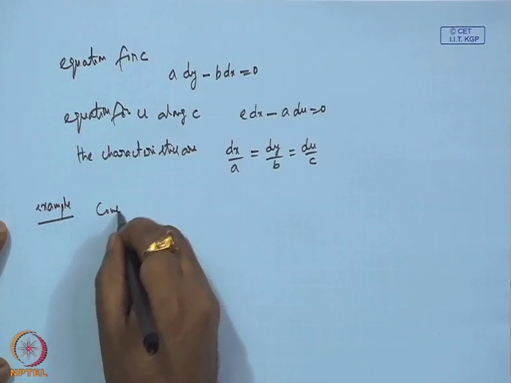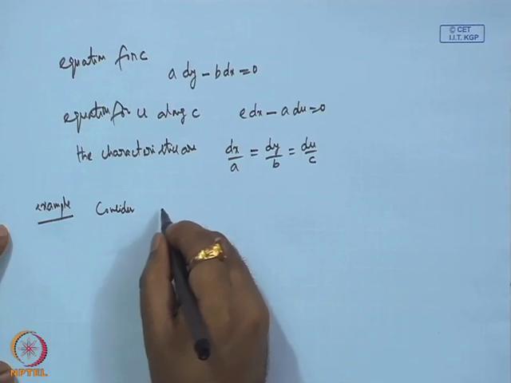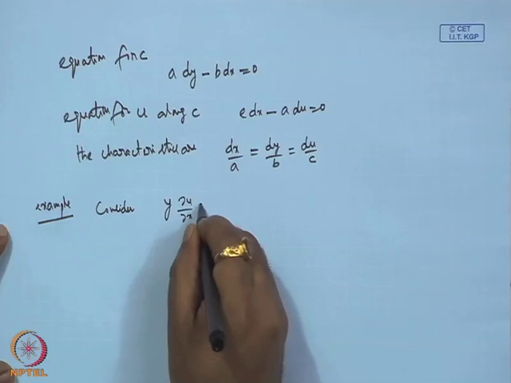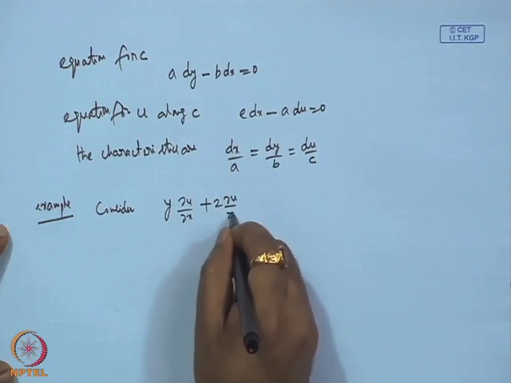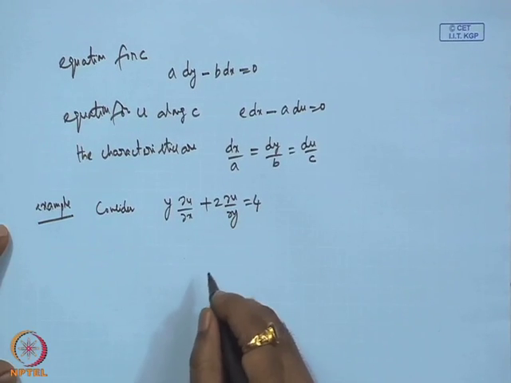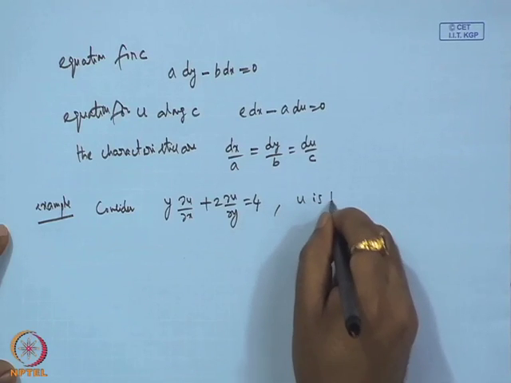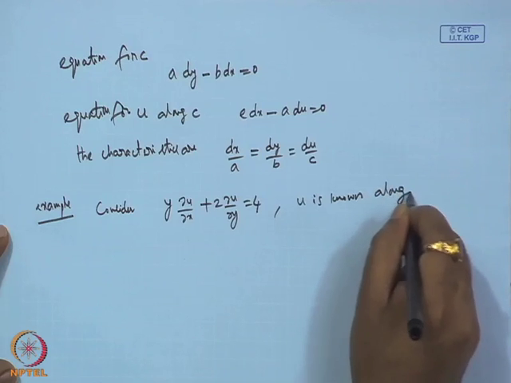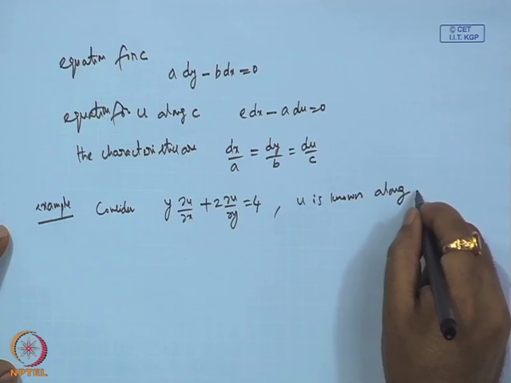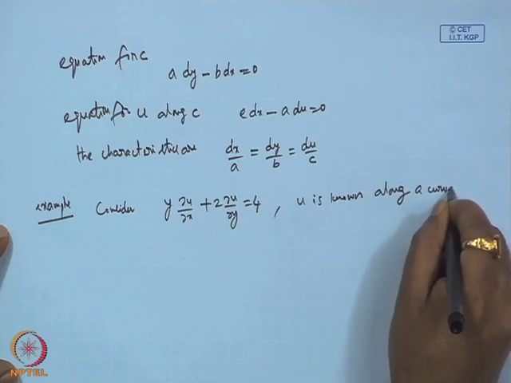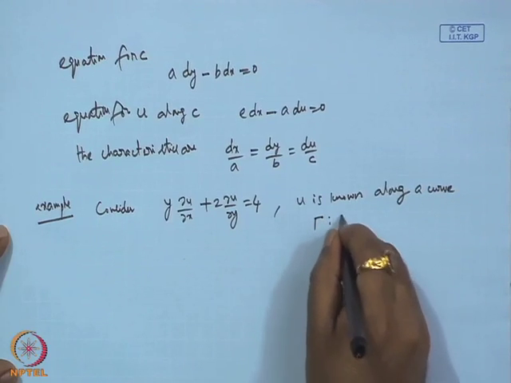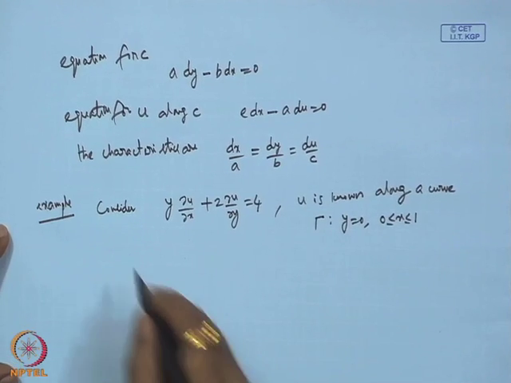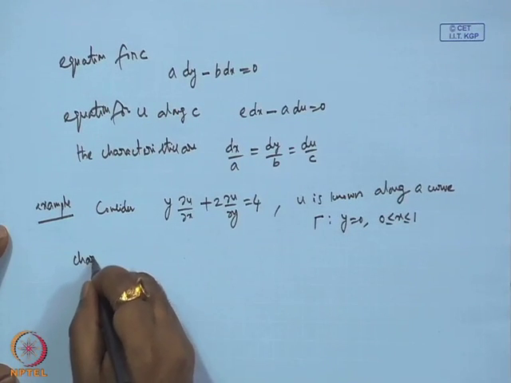So, we consider the equation with right-hand side y equals 4, and say u is known along a curve gamma, which is y equals 0.